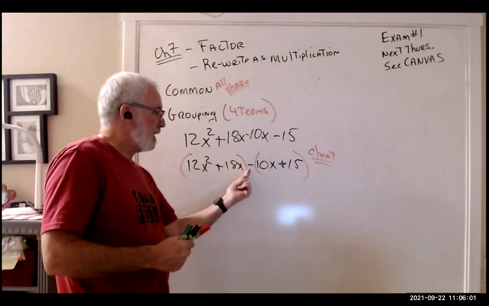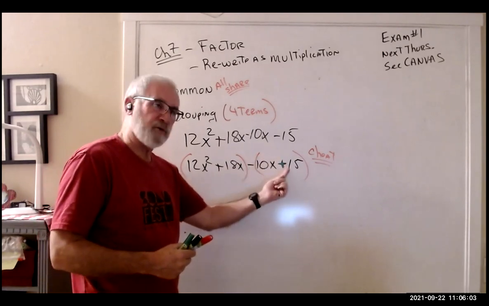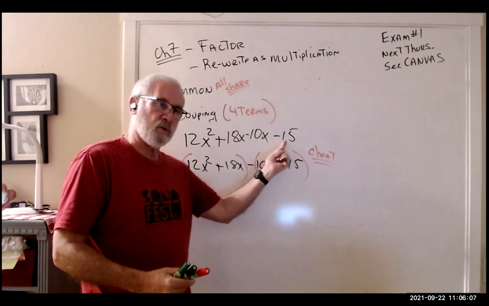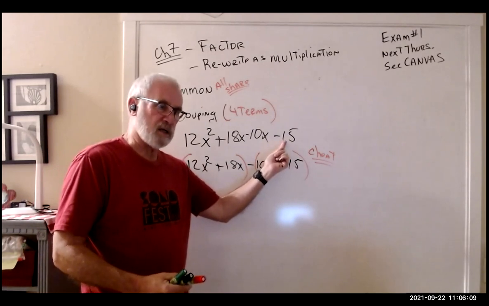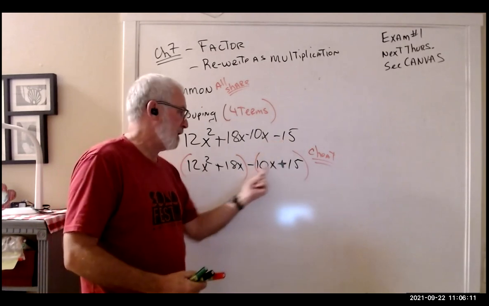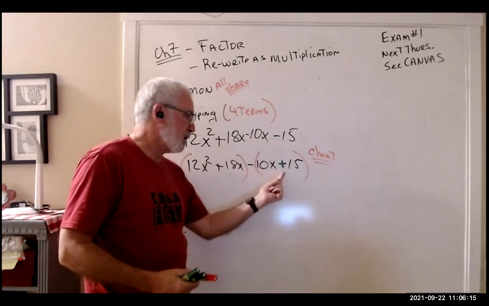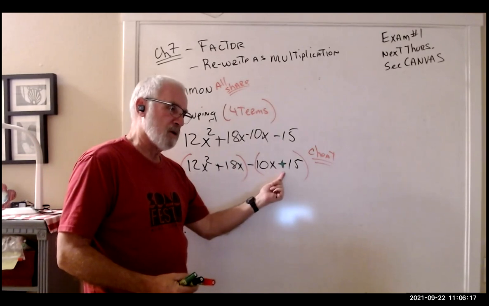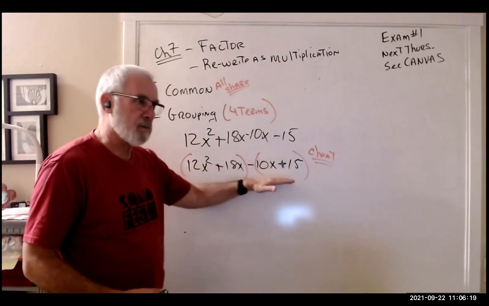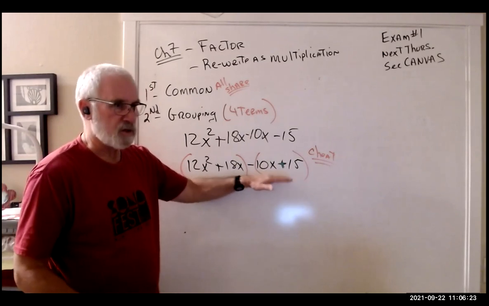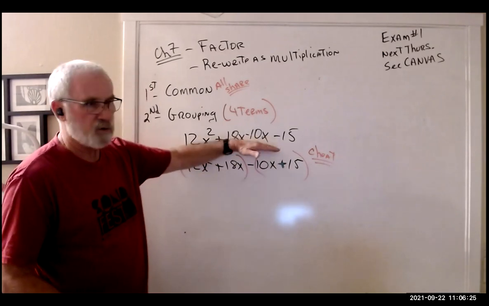Because if we said minus a positive 15, it's now what it was supposed to be originally. It's now a minus 15. Minus a plus is a minus. So you just make this one little tweak to the problem so that now this problem with parentheses is worth the same as the original problem.